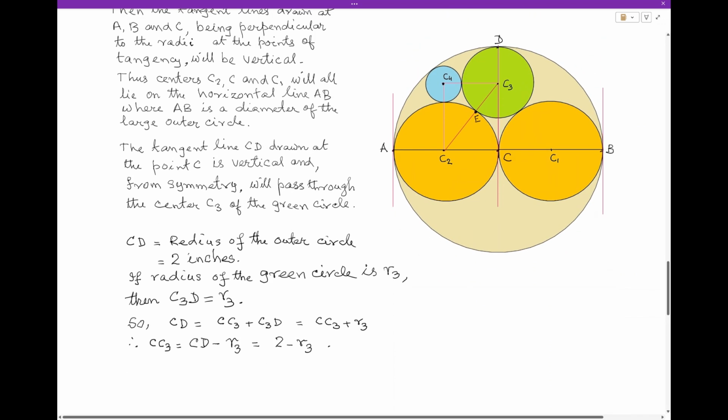CD is the radius of the outer circle, which is 2 inches.